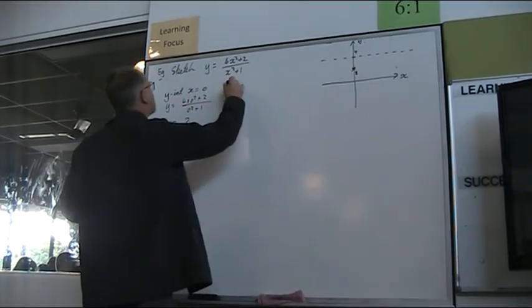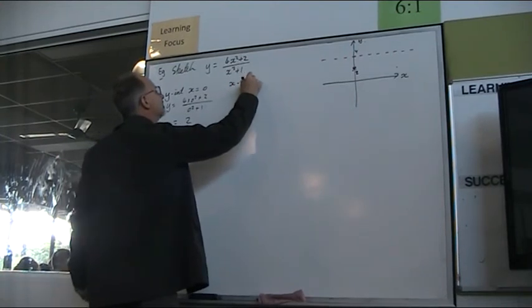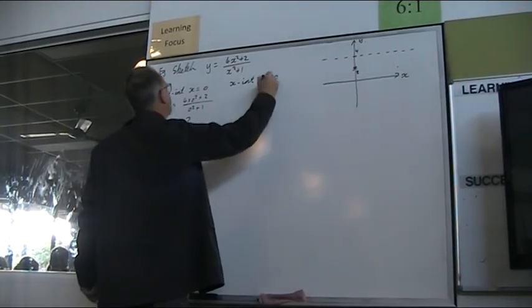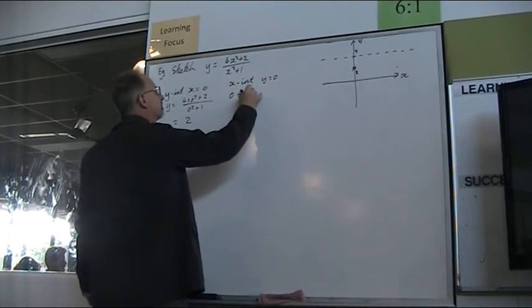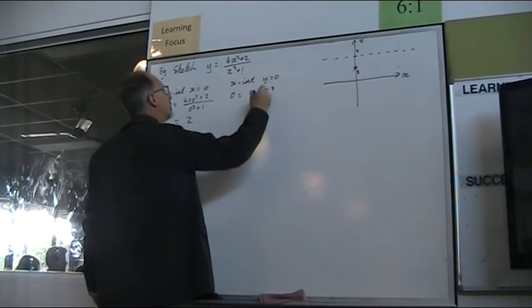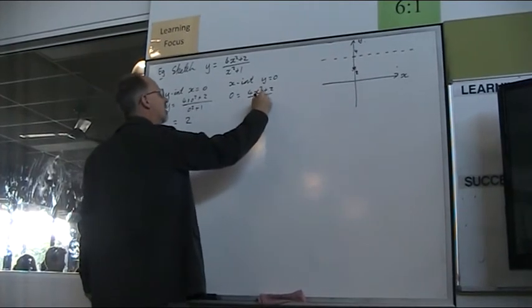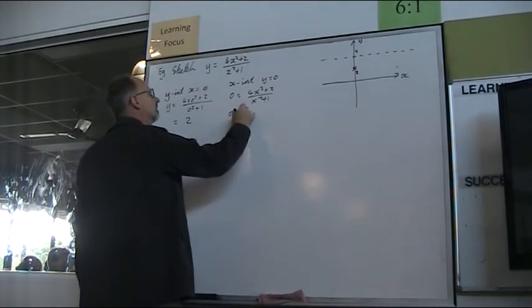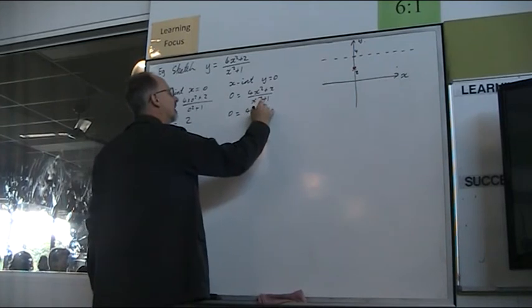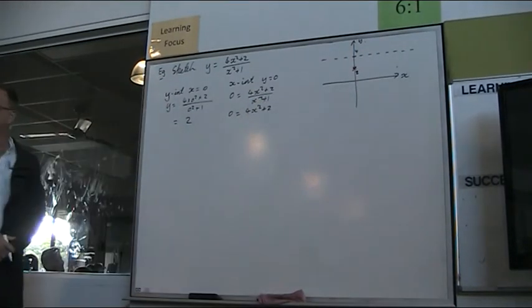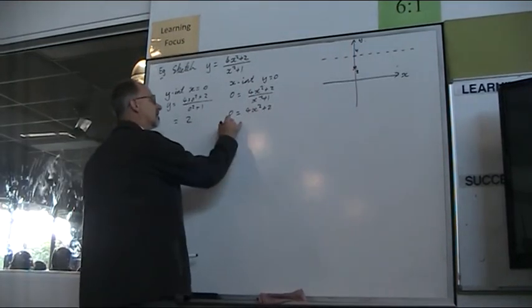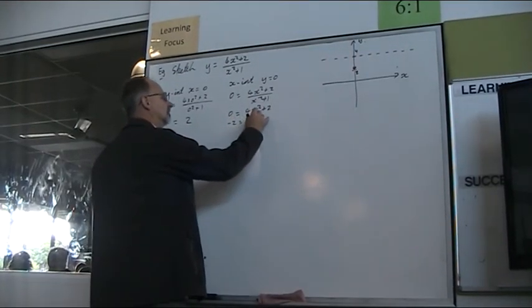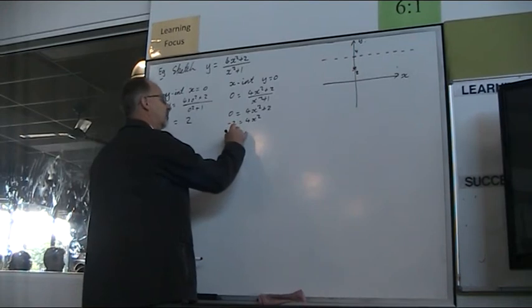Let's look at x-intercepts. Y equals 0. So 0 equals 4x squared plus 2 on x squared plus 1. Which hopefully then goes to that. Take 2, divide by 4.